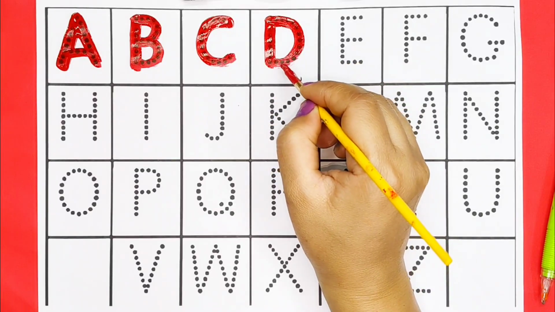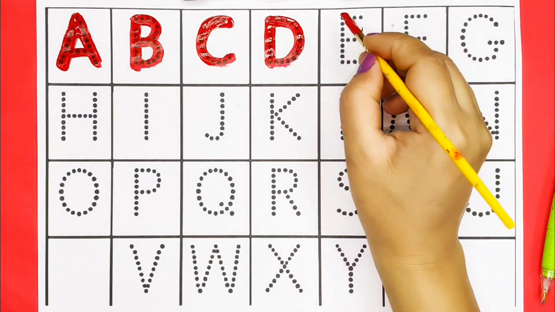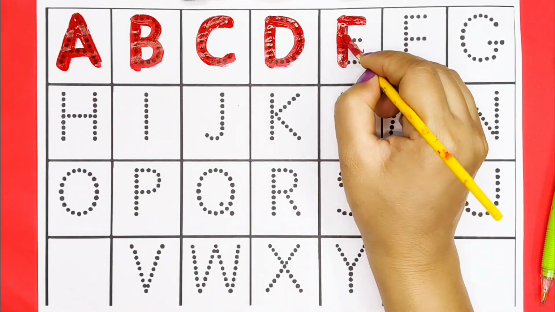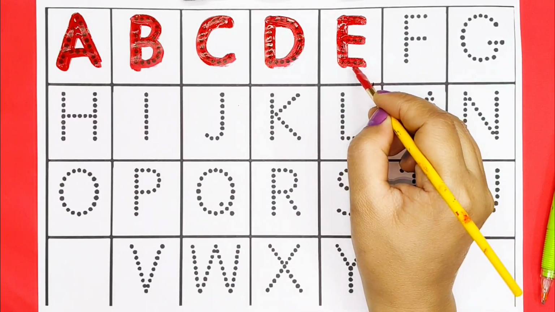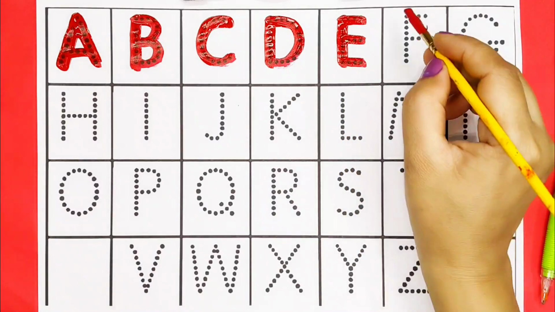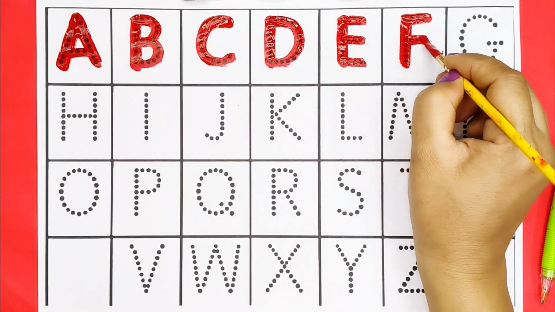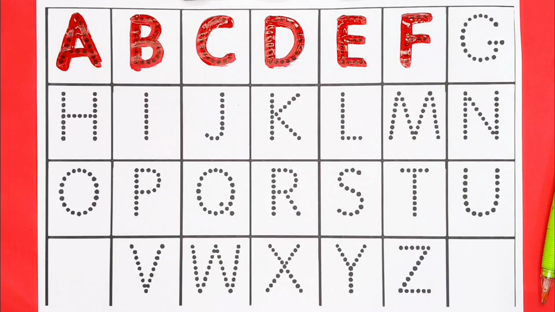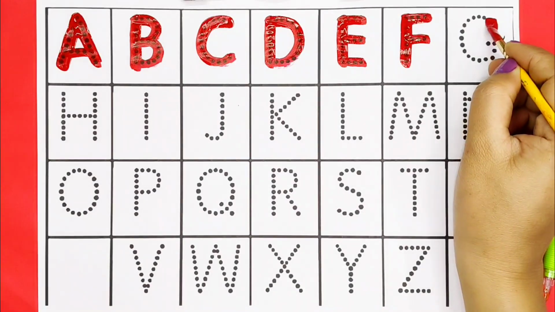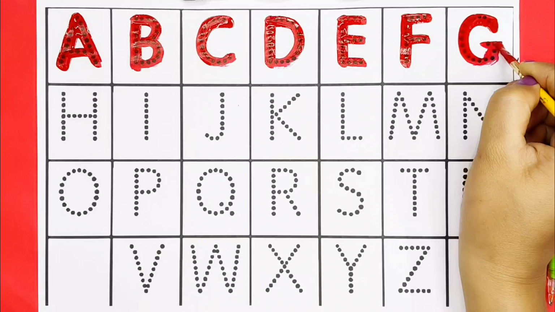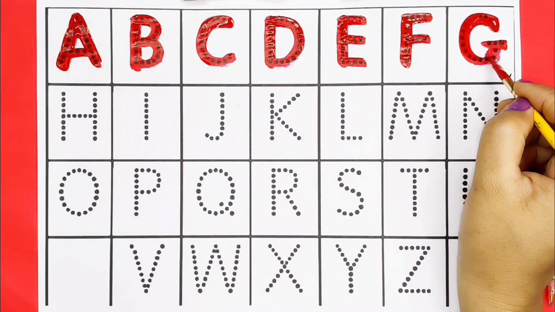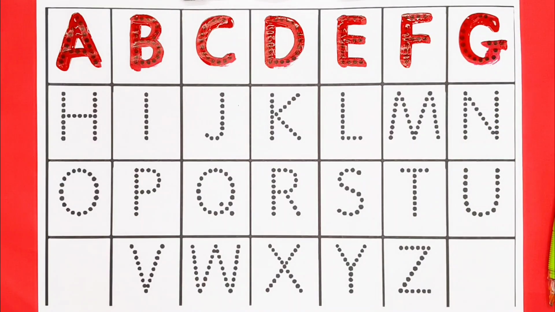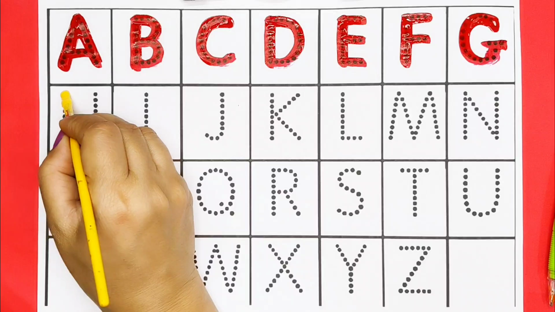D for dog. E for elephant. F for frog. G for goat. Yellow color.